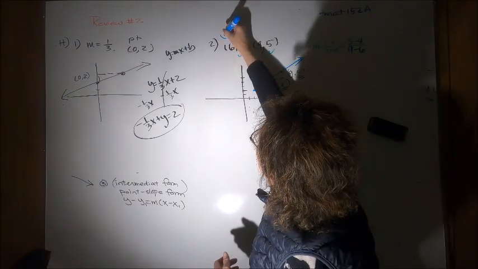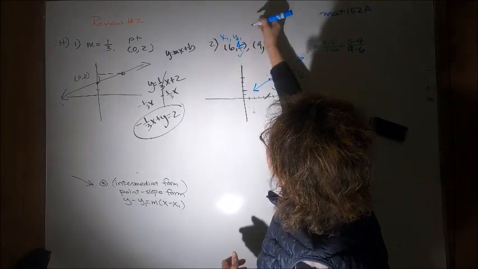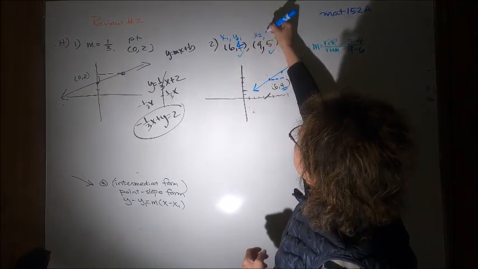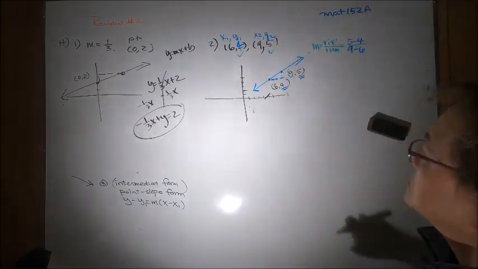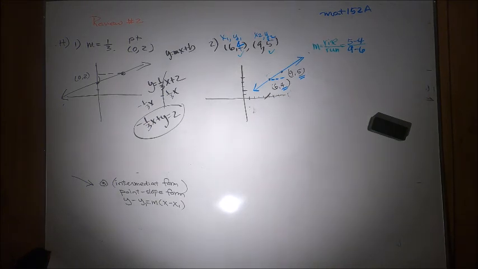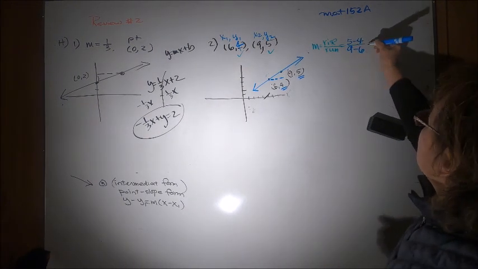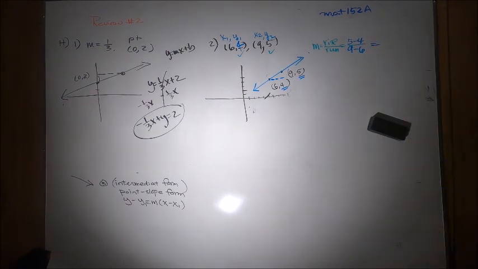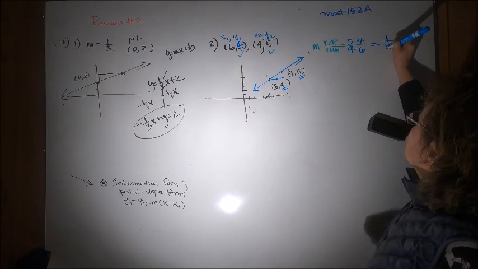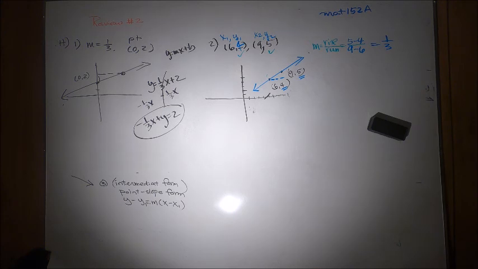So first point you call it x1, y1, right? Second point you say x2, y2. Right? So, am I right? Okay, so just double check. So it's 1/3. So that would be your slope.